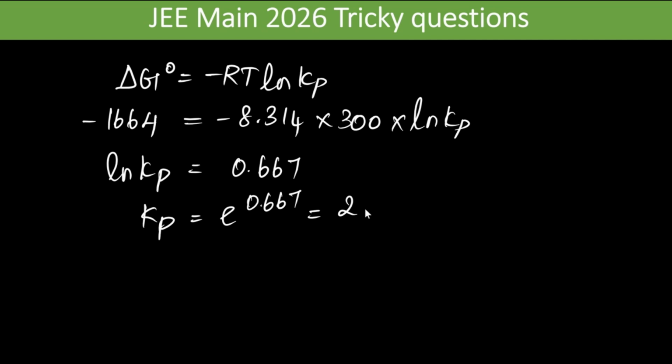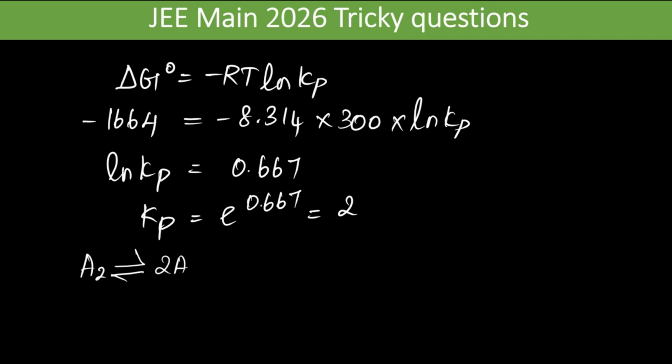Now we have the equation A2 giving 2A. They are asking about the degree of dissociation, so we have to combine it with another equation. Initially we have 1 mole of A2 and 0 of A. At equilibrium, A2 is 1 minus alpha and A is 2 alpha.